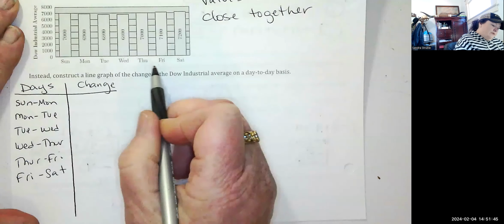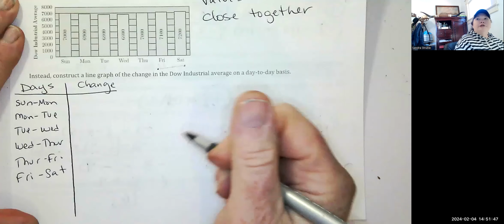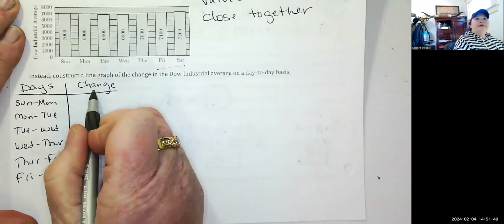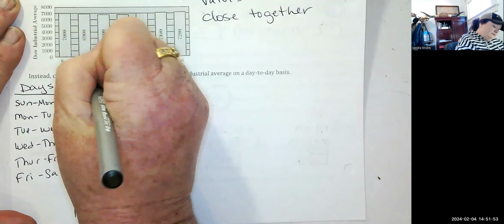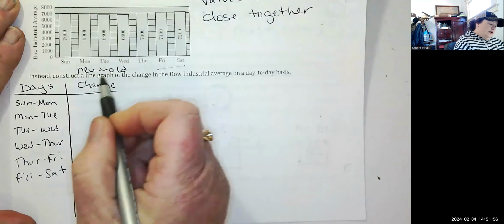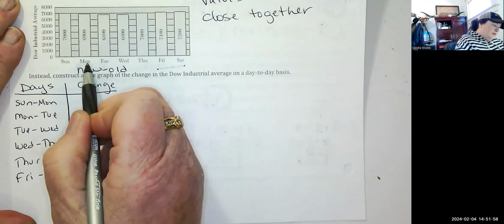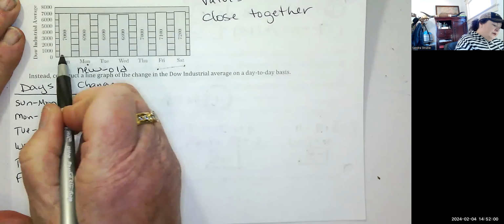Yep, because then it starts a new week. All right, so the change is new minus old. The new value would be Monday's, and the old value would be Sunday's.